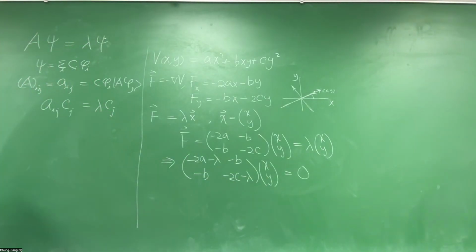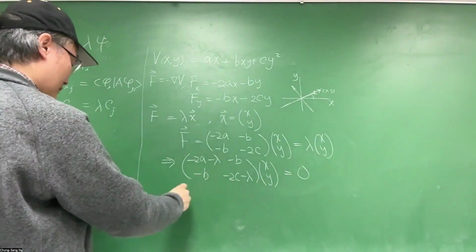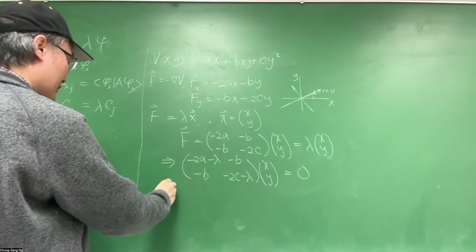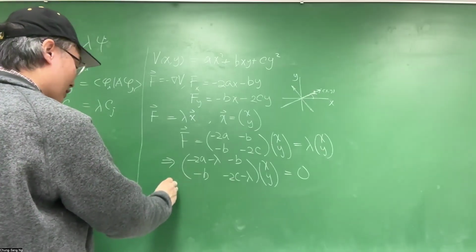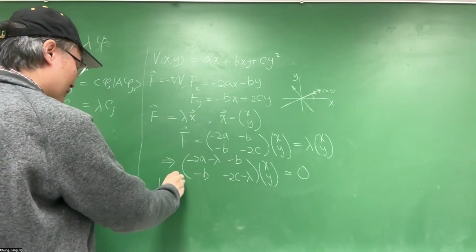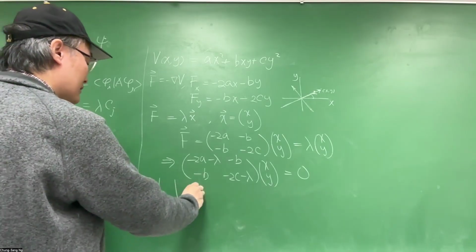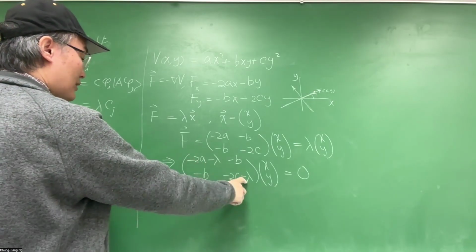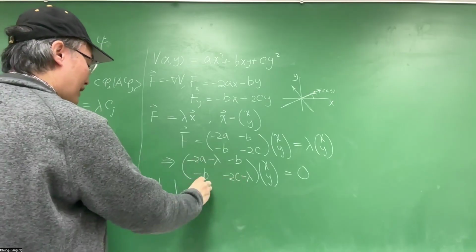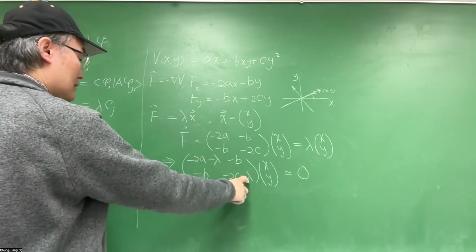So the equation for lambda is just the determinant. The determinant of this matrix, when you multiply this and that, you have lambda squared.